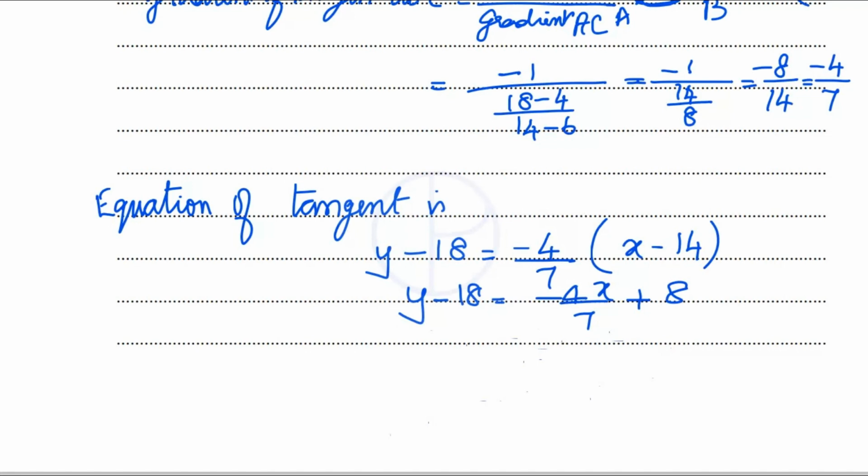Bring all the terms to the left hand side. So we get y minus 18 plus 4 over 7 x minus 8 equal to 0. So 4 over 7 x plus y minus 18 minus 8, which is minus 26, equal to 0.